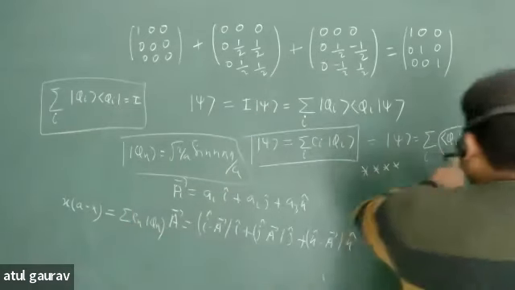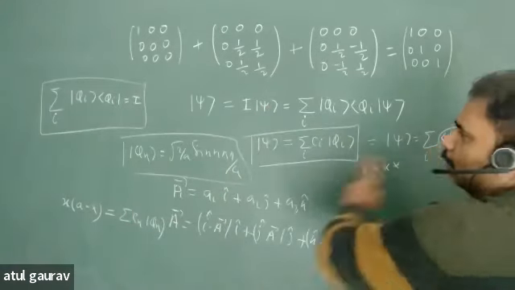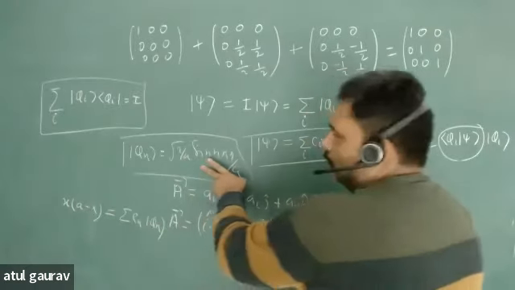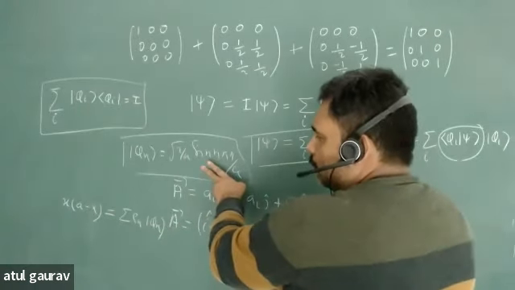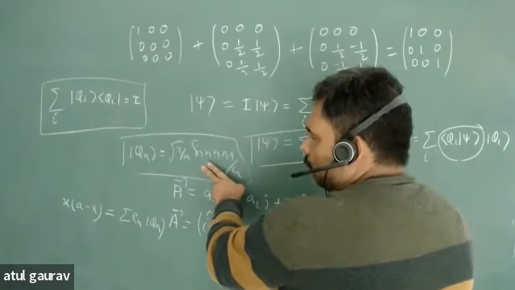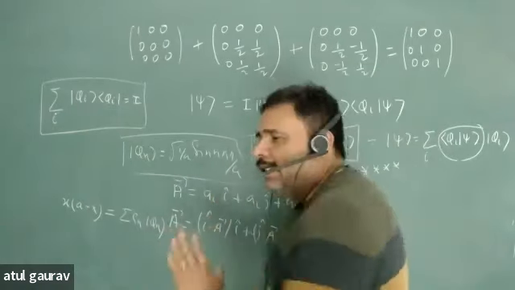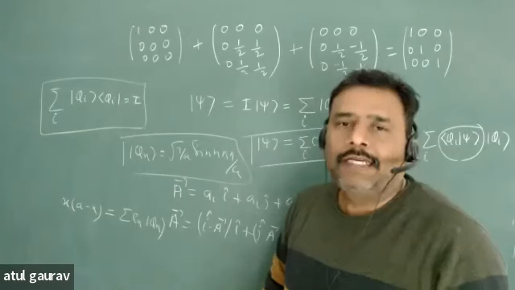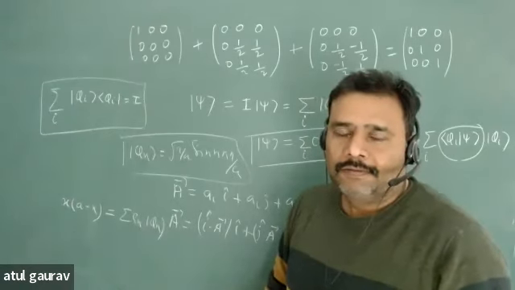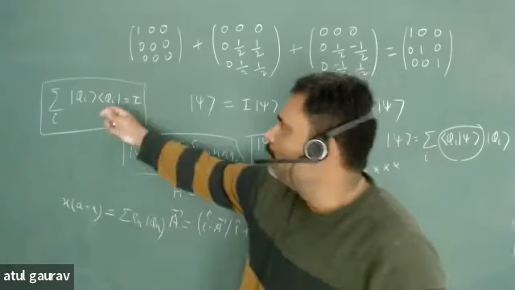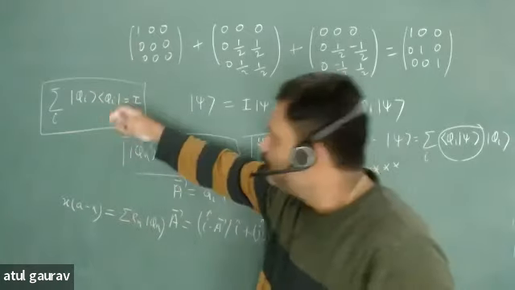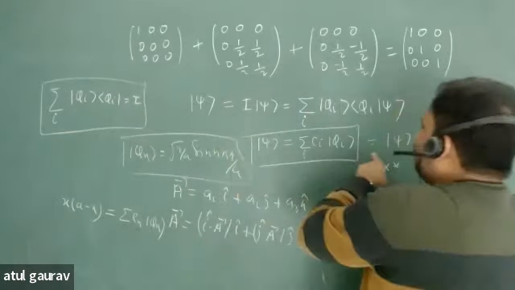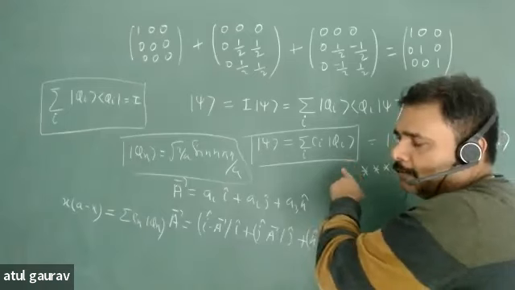You can easily calculate it from the scalar product of this psi with this. So these all things are coming from which mathematics? From this one. If this is not correct, you cannot write something like this. Are you getting my point?